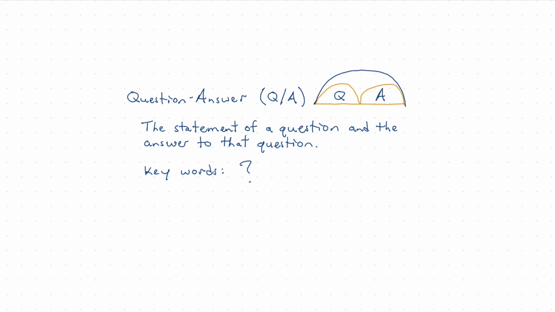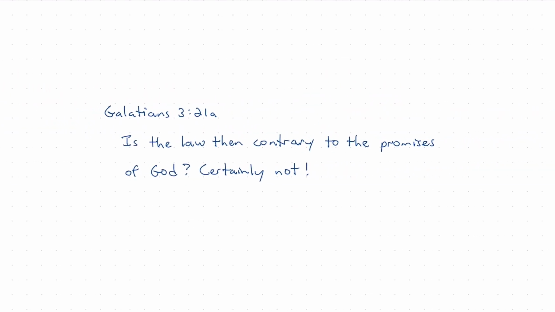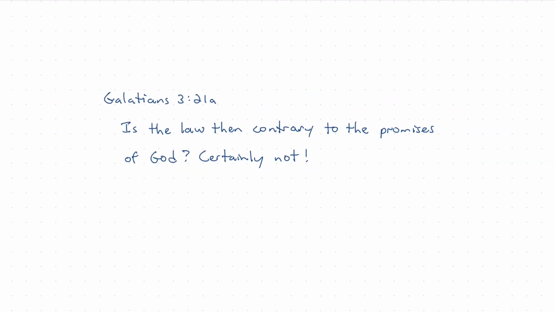Let me give you an example of question and answer from Galatians chapter 3, verse 21, in the first part of verse 21. Is the law then contrary to the promises of God? Certainly not, Paul says.